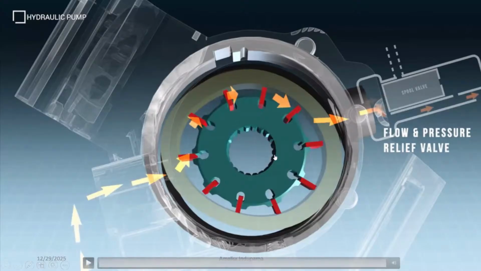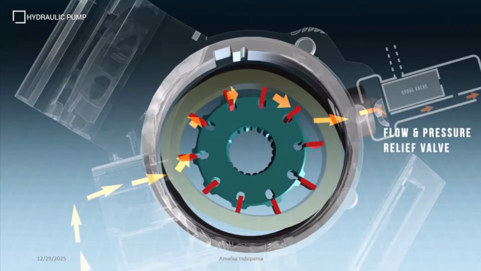Right. So this is the most common power steering pump type, the vane type power steering pump that compresses the power steering fluid and sends it to the flow regulator or pressure regulator valve, then to the double acting cylinder, right?